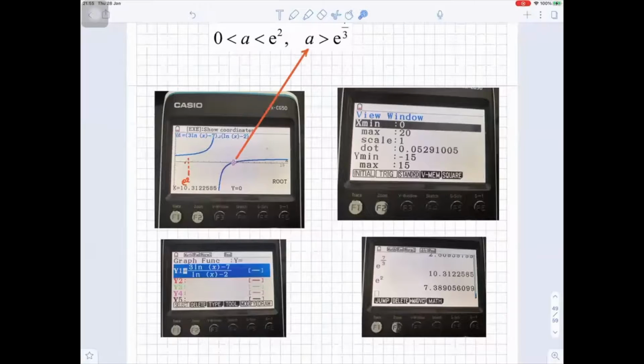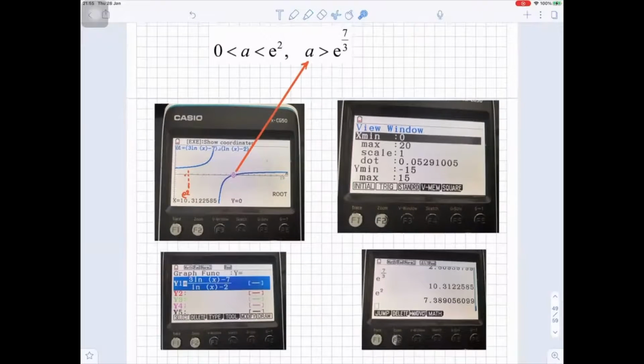So if you look at this, you will notice that e to the 7 over 3 is this value there, which is marked there. And it goes from 0 up to e squared.